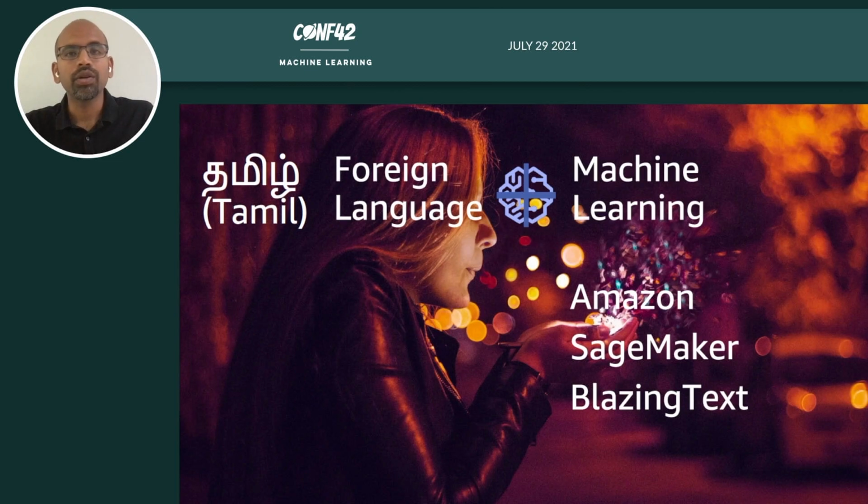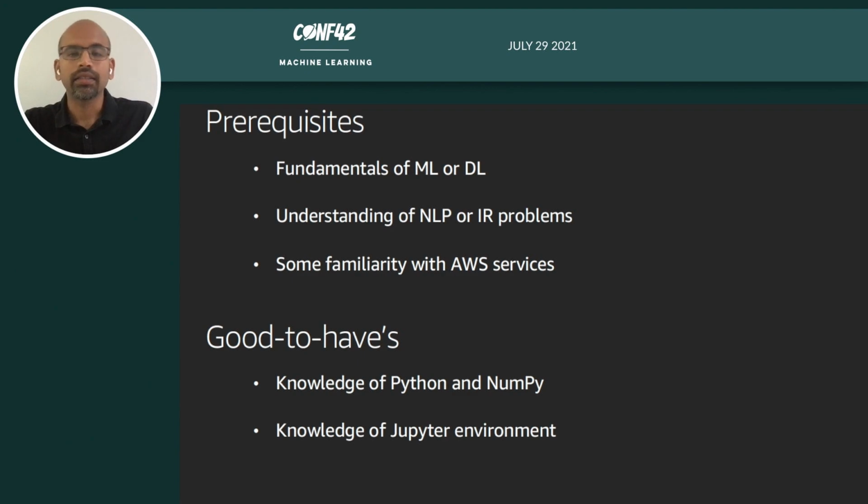I want to apply a known machine learning algorithm, BlazingText in this case, within SageMaker to discover these relationships. What's cool about today's talk is that you will be able to apply these techniques after this session to the language of your own choice and discover the relationships yourselves.